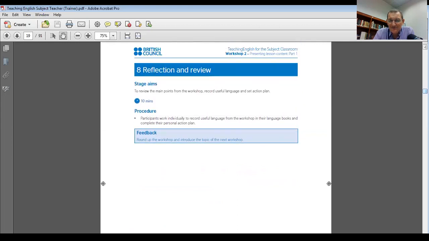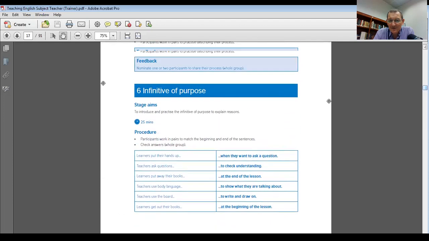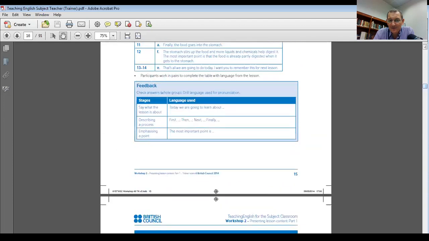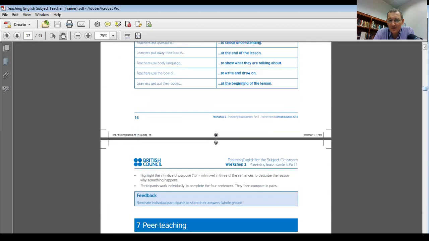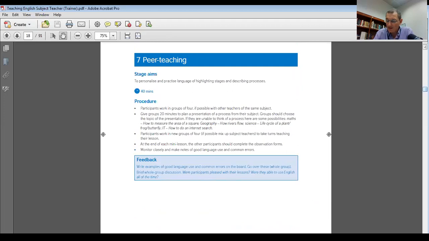So whenever you have to give out any cut-ups, you will find them at the end of the unit, but this unit actually doesn't have any. Okay, so that was Workshop 2, Presenting Lesson Content, Part 1.